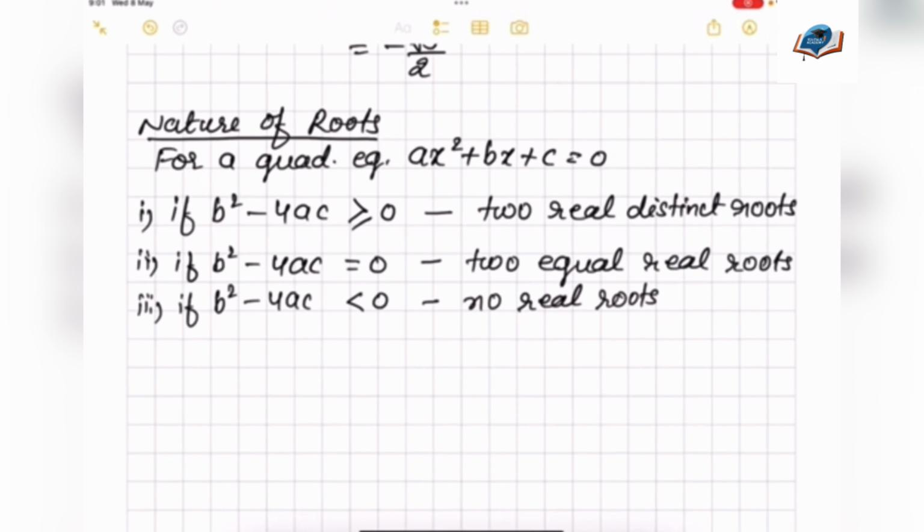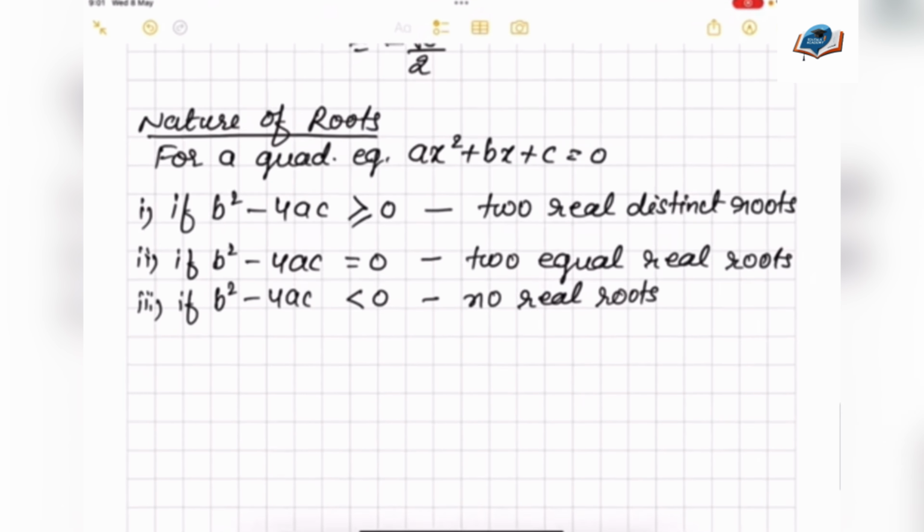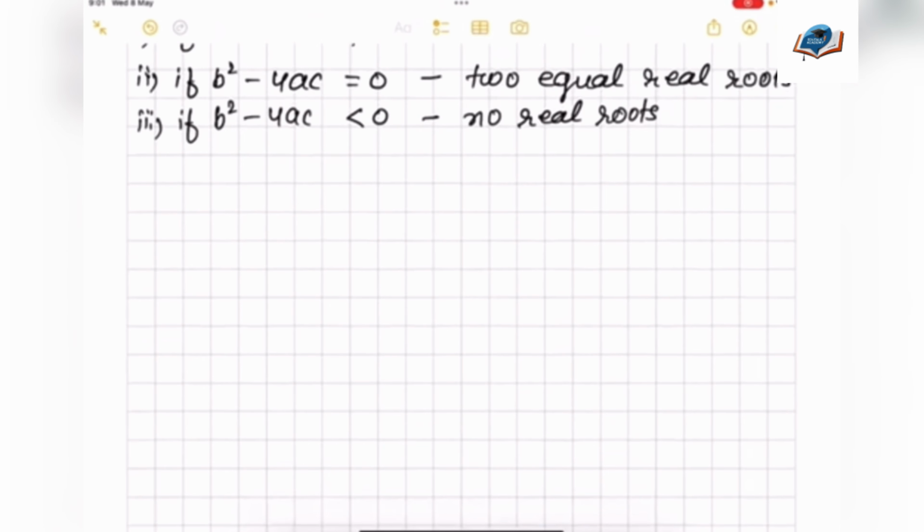Now let us do an example for this. Let us take the example 3x square minus 2x plus 1 by 3 equal to 0. The question is to check whether the roots will be real or no real roots, that is, find the nature of roots.